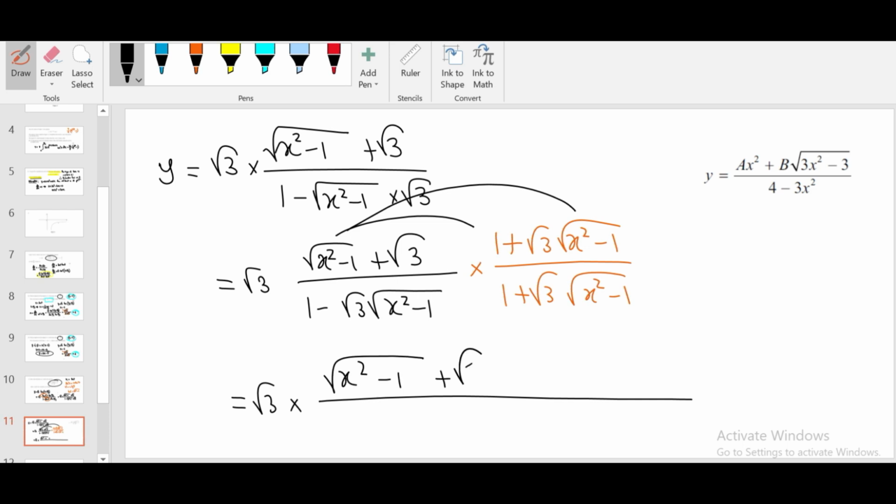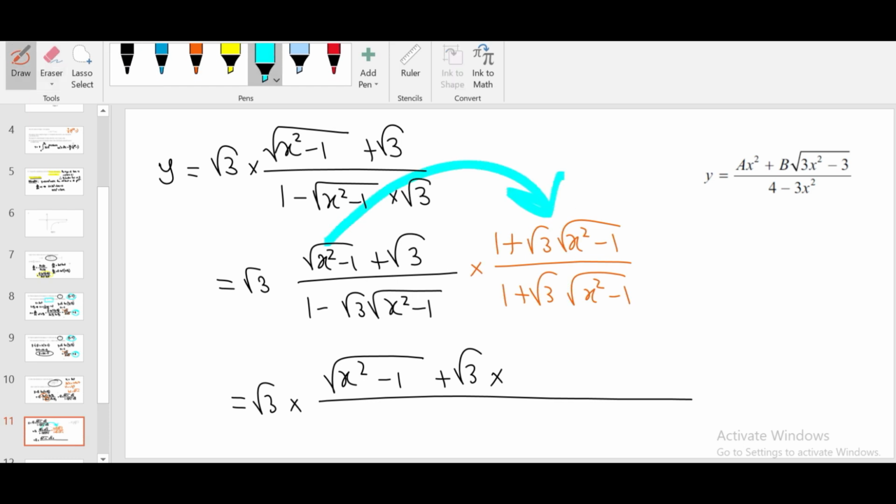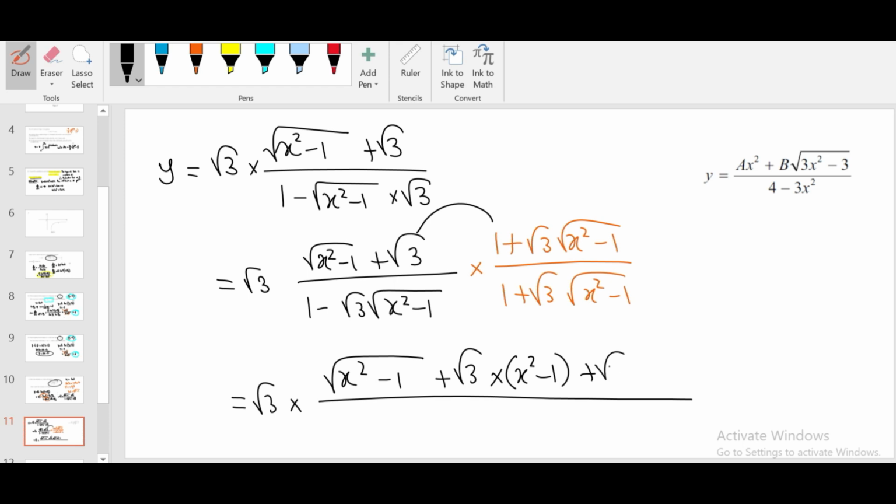And then plus root 3 times, when you multiply this times this, you'll have root 3 as it is, square root of x square minus 1 times square root of x square minus 1, just the x square minus 1 without square root. And then root 3 times 1, and then root 3 times this, so it becomes 3 square root of x square minus 1.